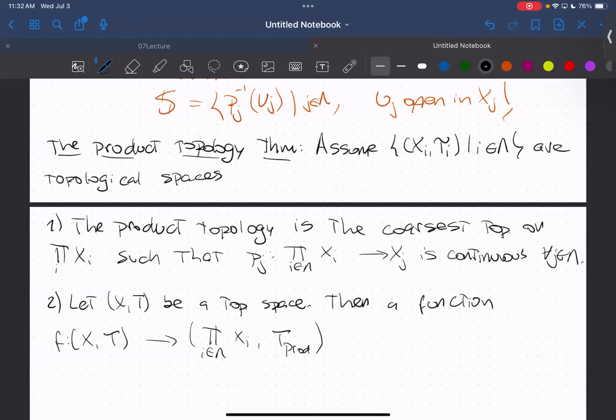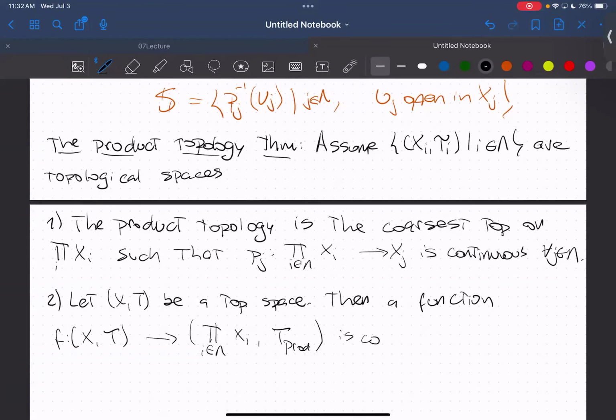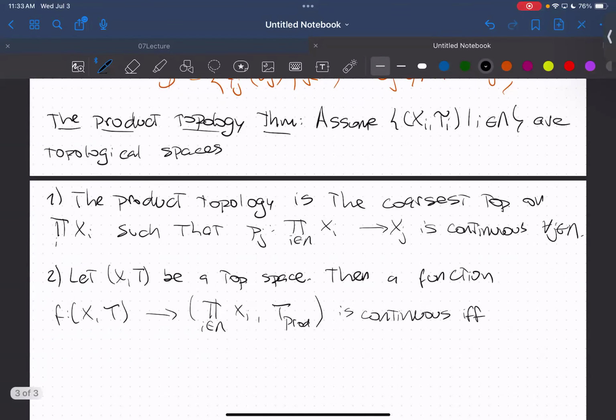That function is continuous if and only if each coordinate function fj from X, tau to Xj, Tj is continuous for all j.